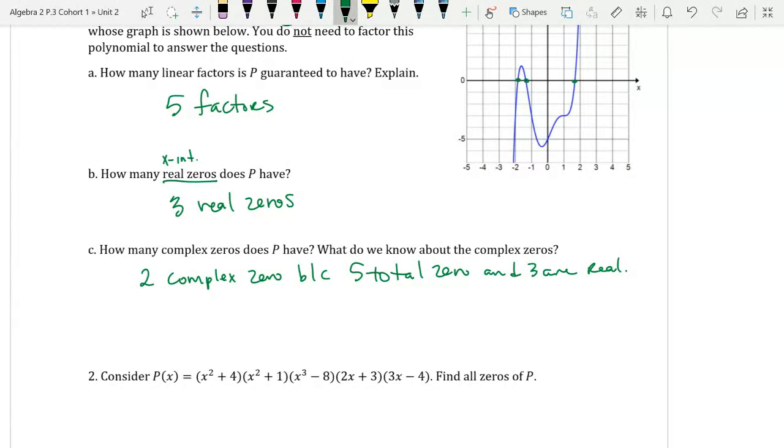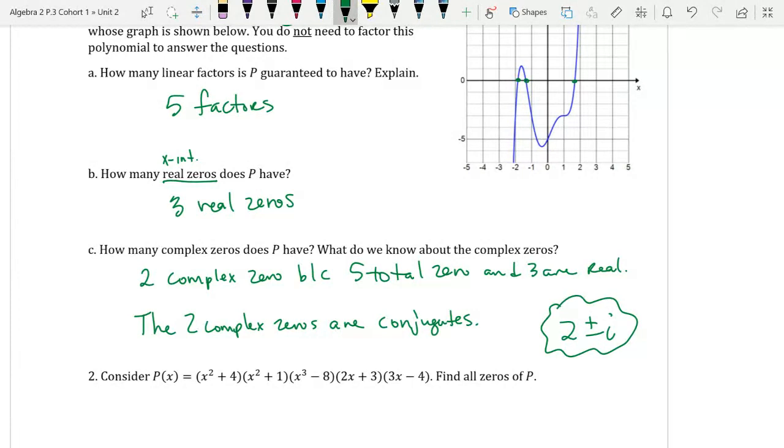Then it says, what do we know about the complex zeros? The 2 complex zeros are conjugates. Remember, conjugates would be like 2 plus or minus i, one and the other, right? This would be an example of a conjugate.